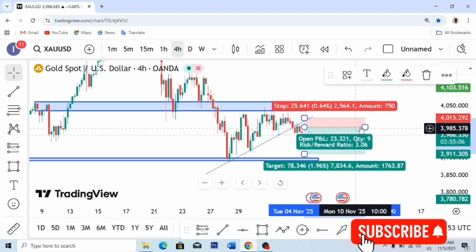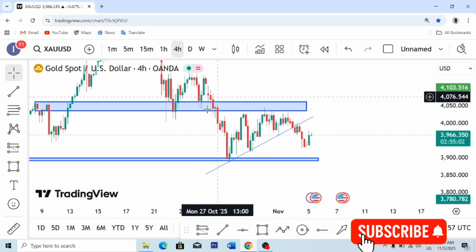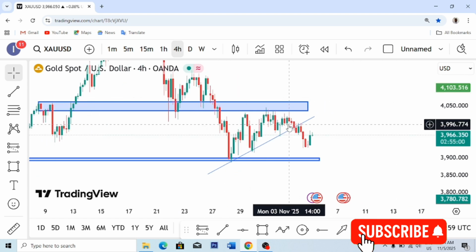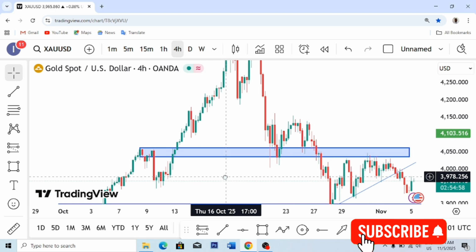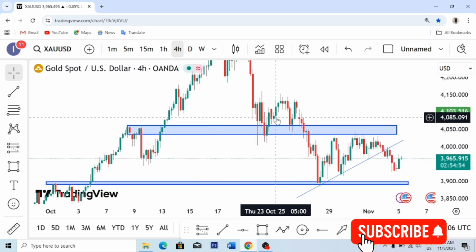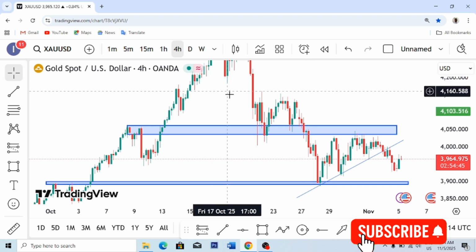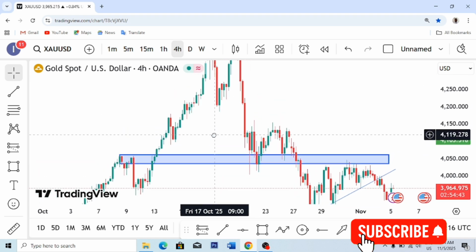So doing this analysis, first of all you are going to identify the trend of the market, and the second thing you're going to do is identify market structure. Once you identify market structure by identifying your higher lows and higher highs in the market, you can clearly see where you're going to be buying.